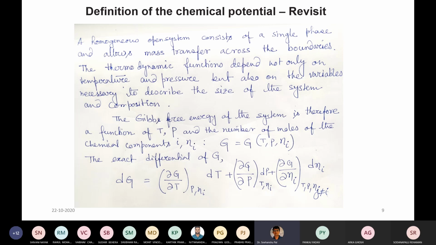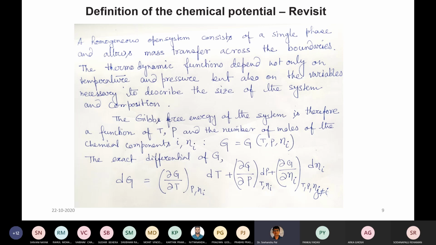And so if you see the Gibbs free energy, dG is the exact differential of G, and you can write it in such an expression: del G by del T at constant pressure and Ni, the number of moles of each component, into dT, plus del G by del P at constant T and Ni into dP, plus del G by del Ni at constant T, P and Nj, where j is not equal to i, meaning all components other than i are constant, into dNi.